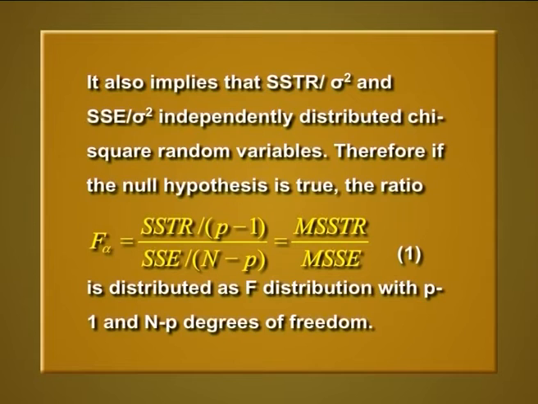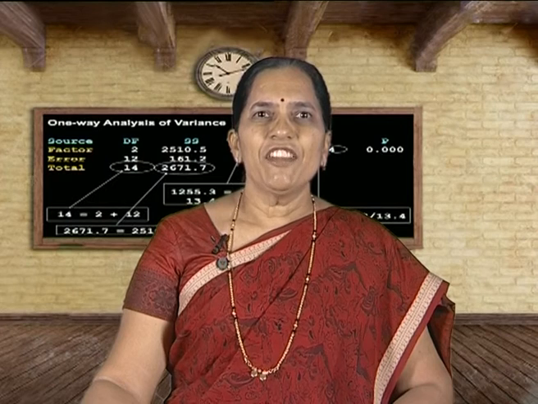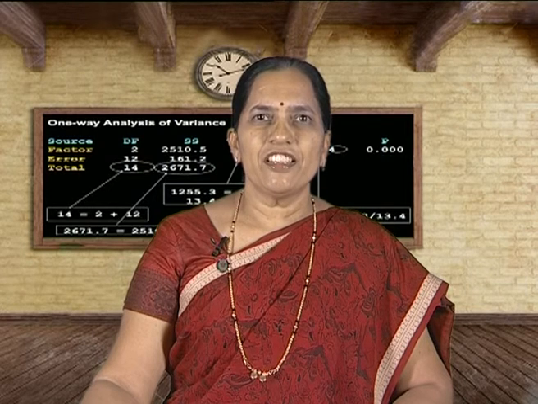Therefore, if the null hypothesis is true, the ratio F naught equals SSTR by its degrees of freedom, divided by SSE by its degrees of freedom, that is mean SSTR divided by mean SSE, is distributed as F distribution with p minus 1 and n minus p degrees of freedom. Equation 1 is the test statistic for testing H naught.